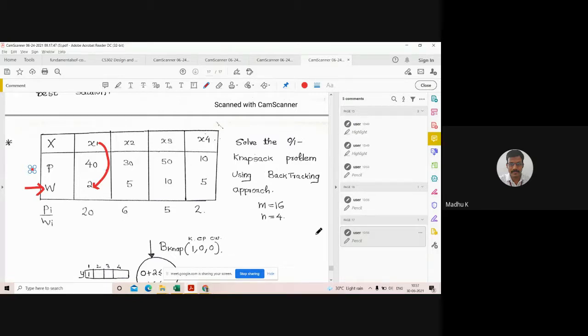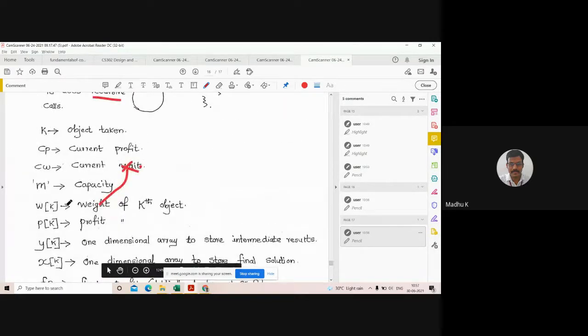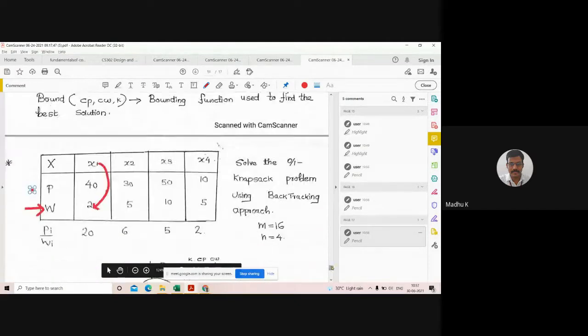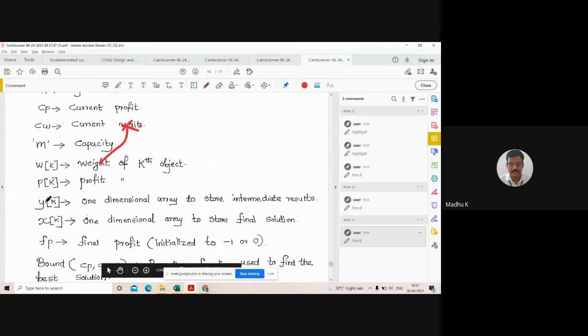Here we are discussing it using backtracking. W of k means the weight of the kth object. P of k means the profit of the kth object. For each object, a profit is attached. It's already given.